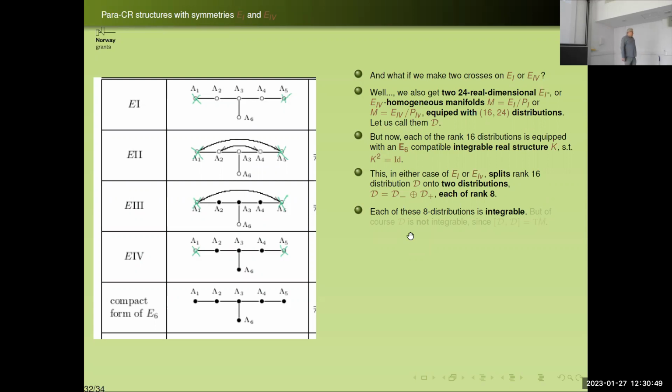In this case, they are 8, so they are in C16 of real dimension 32. There is a 24-dimensional submanifold, and on this 24-dimensional submanifold there is a 16-dimensional distribution. And this 16-dimensional distribution has J on it, which squares to minus identity, but if I take another real form, I have R16 plus R16.